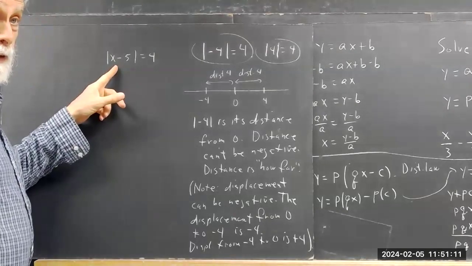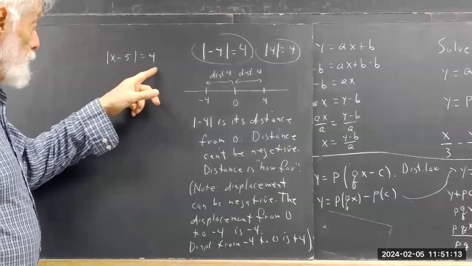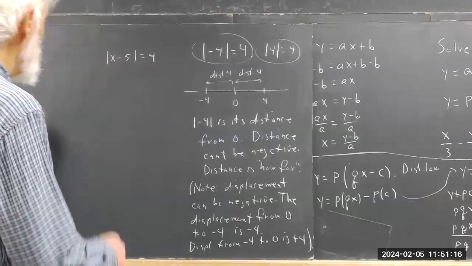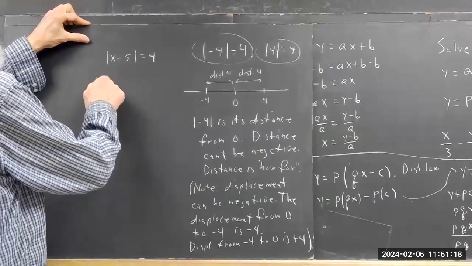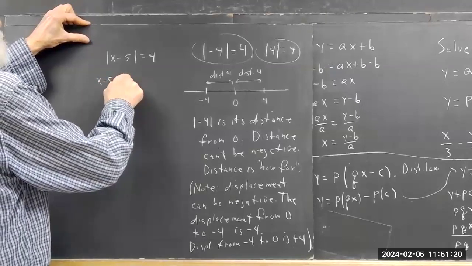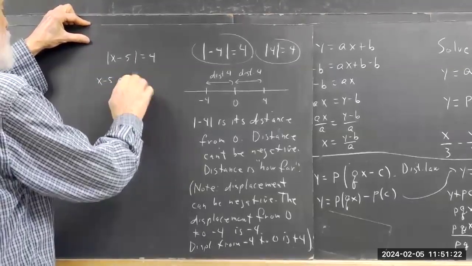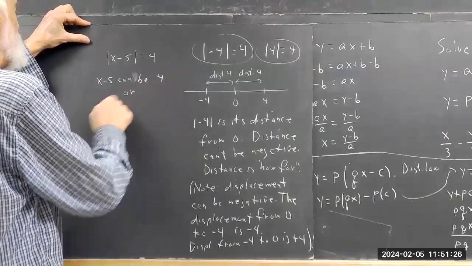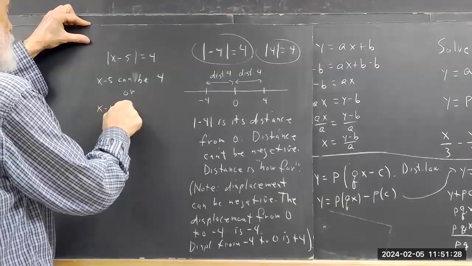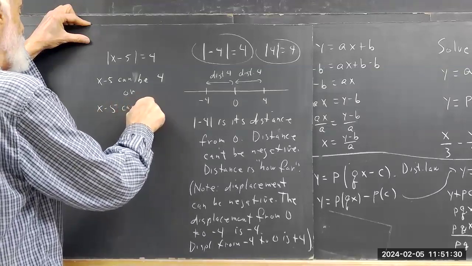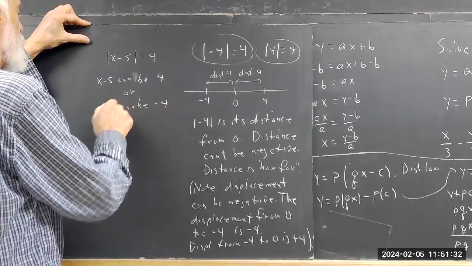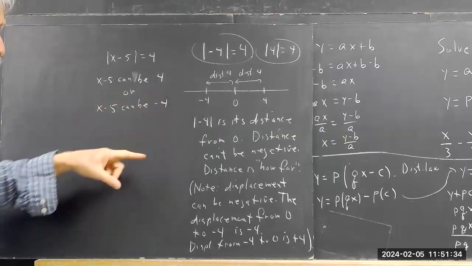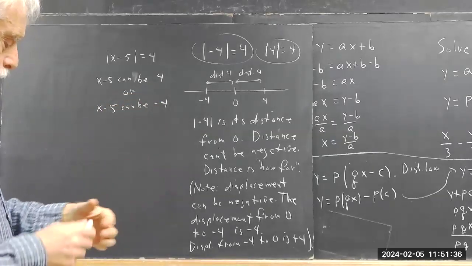There are two numbers that make the absolute value of x minus 5 equal to 4. x minus 5 can be 4, or x minus 5 can be negative 4.